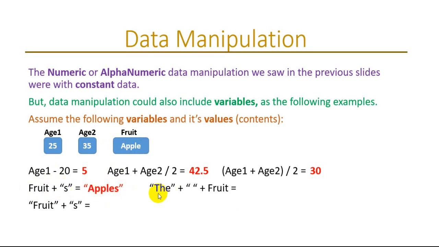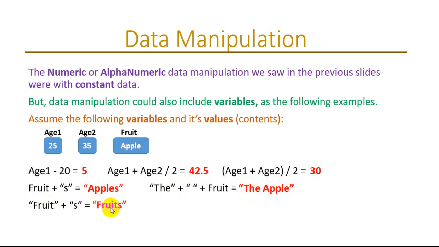Okay. In this case, we have again an alphanumeric constant "the", an alphanumeric constant space, and alphanumeric variable fruit, because there are no double quotes here. So in this case, the space and fruit. What does fruit have? Fruit is a variable, right? So it has apple. So "the apple". Whereas if you use "fruit" within quotes, this is an alphanumeric constant, "fruit" and "S".